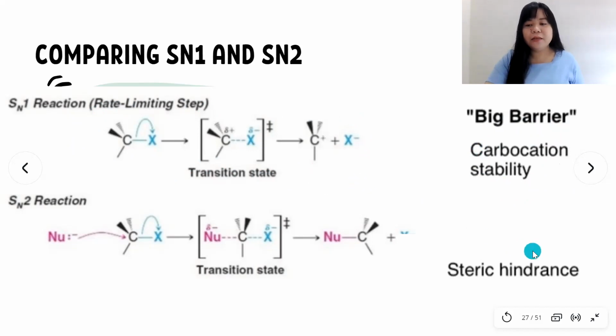On the other hand, for SN2 reactions, we're more concerned with steric hindrance. That means the space available for the nucleophile to occupy or to perform this backside attack to the substrate.